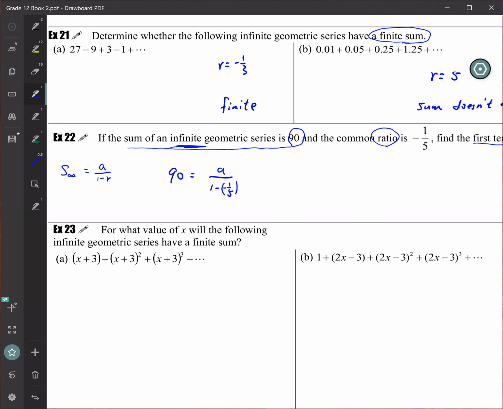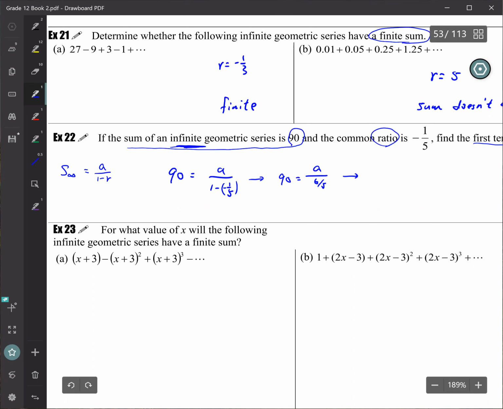And then to continue solving, okay, Donna, what's the next step you do? You add 1 plus 1 over 5 equals 6 over 5. So 6 over 5. Okay, so add them up and then?